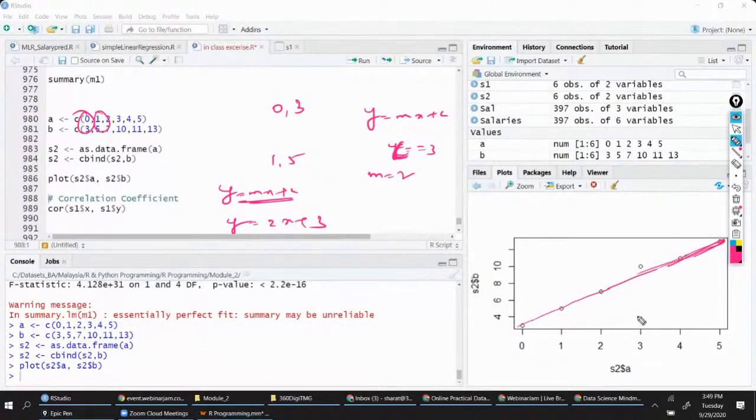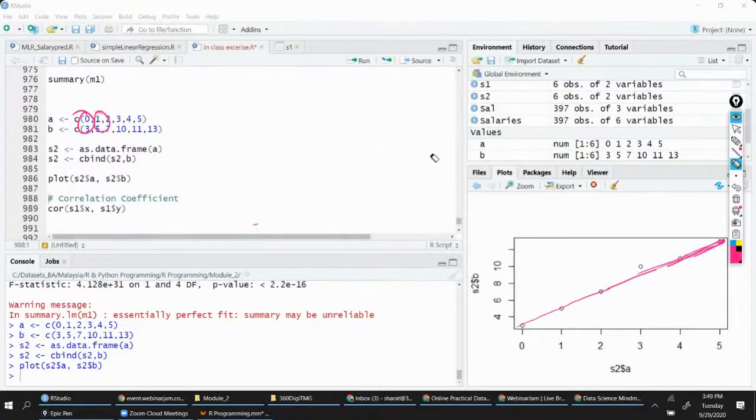Now remember, the property of this regression line is that it should give us an average of errors as 0. Now if I talk about this scenario, I have A, B, and B hat. This is 0, 1, 2, 3, 4, 5.